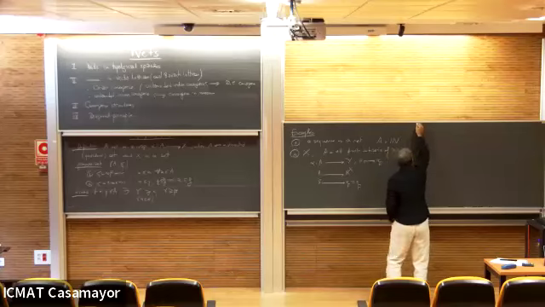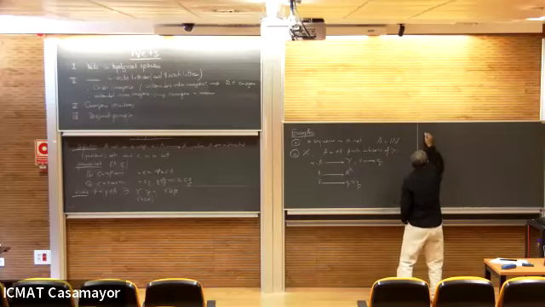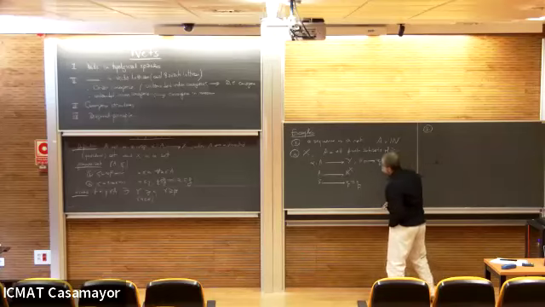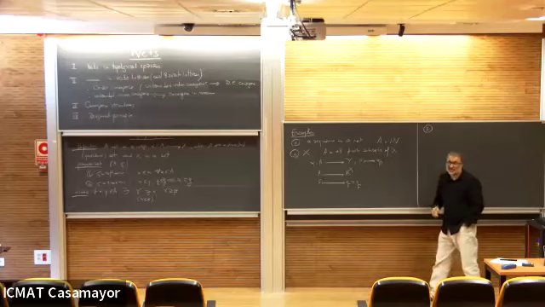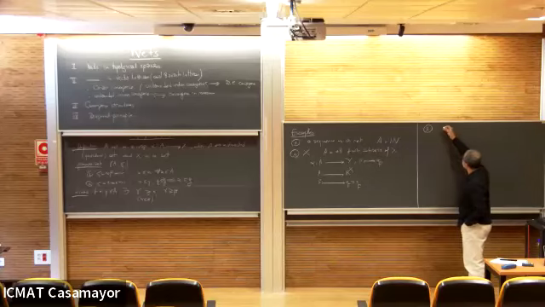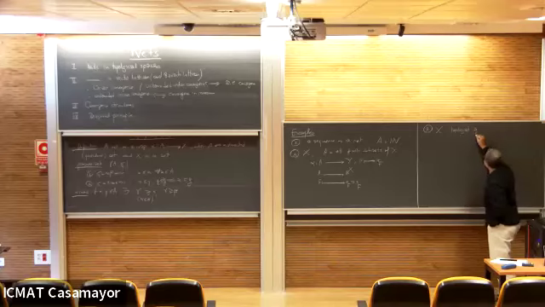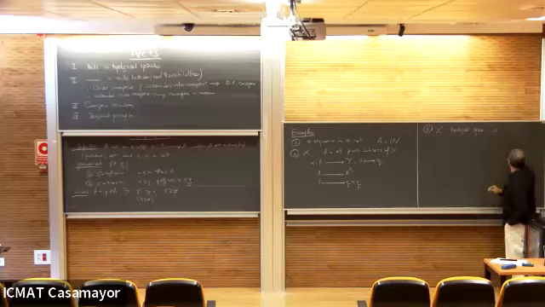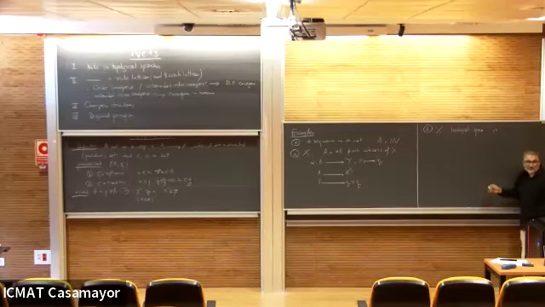Another example is the following, and it's an interesting example. If we work in a topological space, if we take X a topological space, and for every element x, we can take the set of neighborhoods of x.